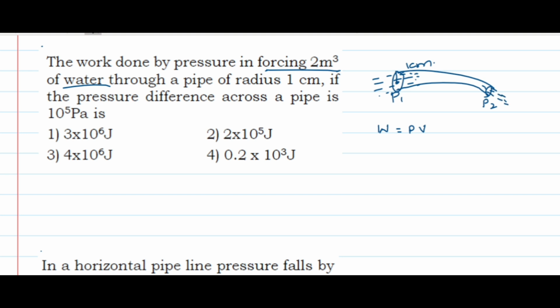So that pressure difference we take as delta P. So W equals delta P into V, where delta P is 10 power 5 Pascal and the volume is 2 meter cube. Therefore W equals 2 into 10 power 5, and the unit of work done is joules. So 2 into 10 power 5 joules is the correct answer.